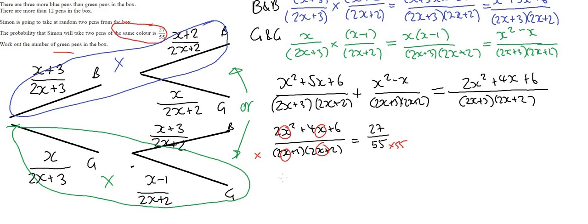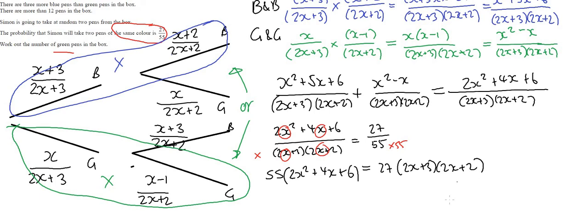Okay, so when I do that, I'm going to get 55 times 2x squared plus 4x plus 6 on this side. And I multiply by the denominator here, so I'm going to have on the other side 27 times (2x plus 3)(2x plus 2).